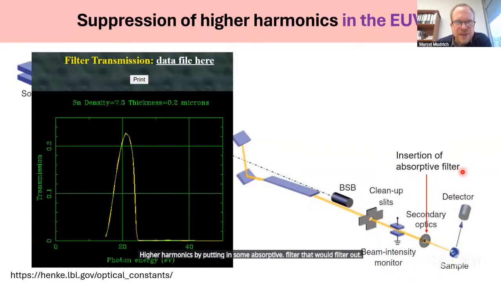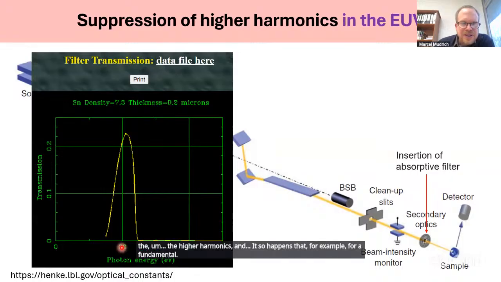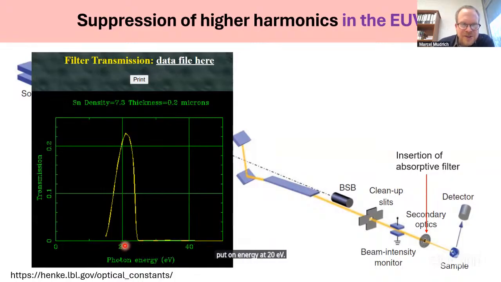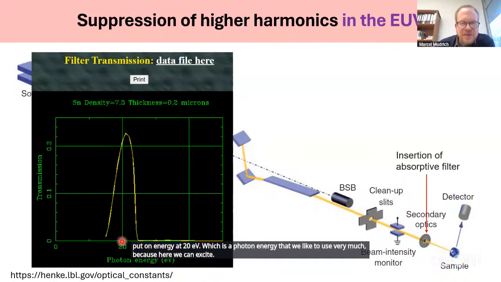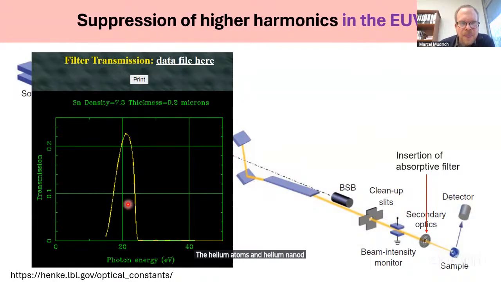And it so happens that, for example, for a fundamental photon energy of 20 eV, which is a photon energy that we like to use very much because here we can excite helium atoms and helium nanodroplets resonantly, a thin tin foil of 200 nanometer thickness just has the property of having this transmission window, which transmits some part of the beam, 20%, better than nothing.